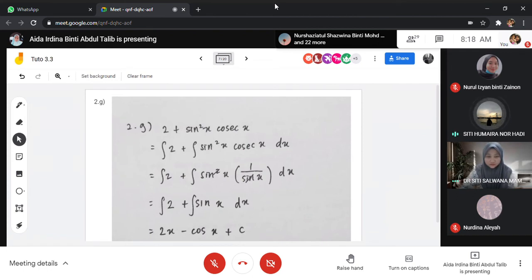Firstly kita integrate dia, integrate 2 dx plus sin integrate sin square x cosecant x dx, and then cosecant tu kita boleh tukarkan jadi 1 over sin x. Sin x tu boleh potongkan dengan sin square x, nanti tinggal integrate 2 dx plus sin integrate sin x dx. Lepas tu kita dah boleh settlekan dia, jadi akhir sekali 2x minus cos x plus c.